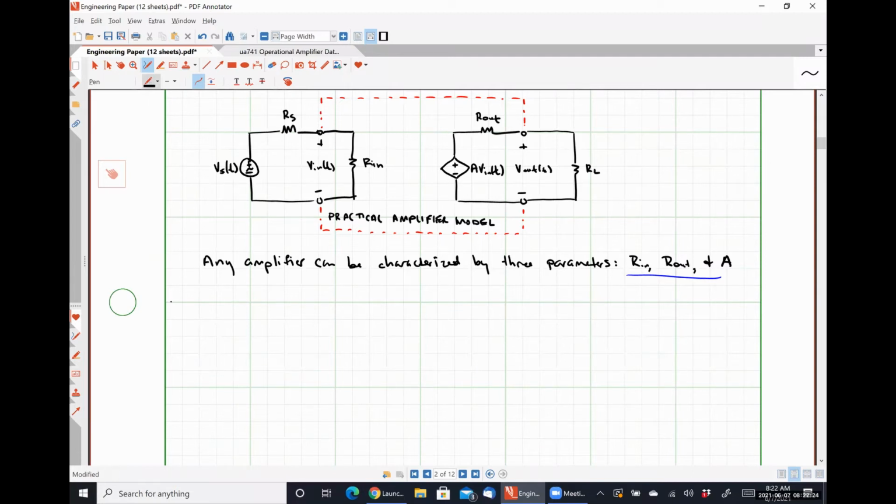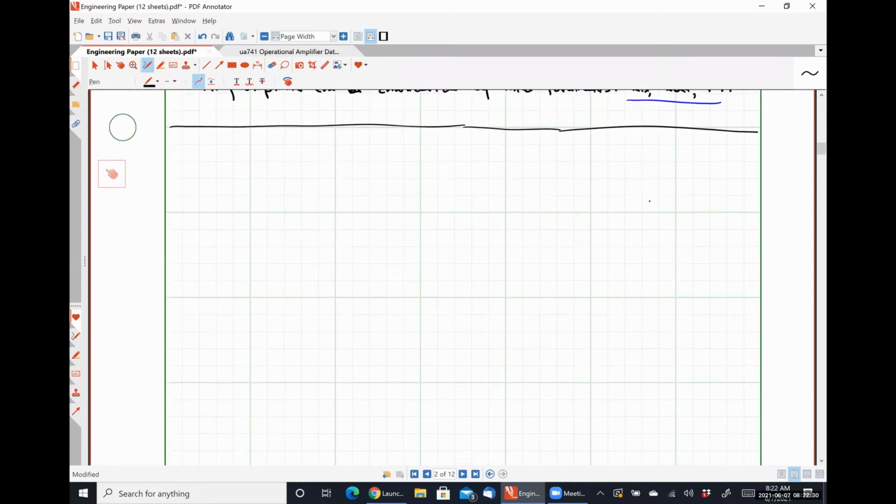Let me draw a line here. Our practical op-amp model is going to look something like this. So we still have our input resistance, Rin.